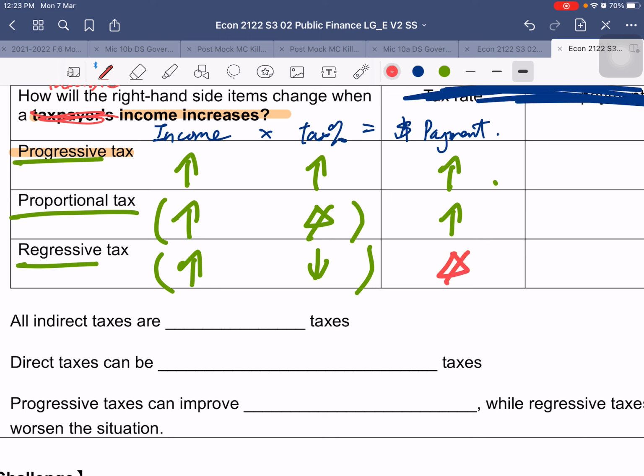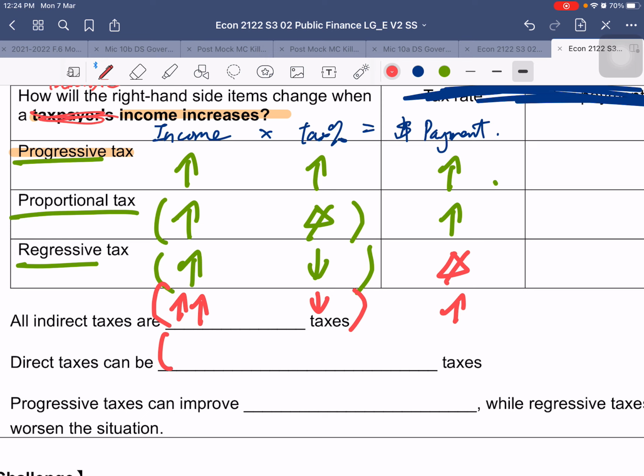However, we have to think about the percentage change of the increase in taxable income and the decrease in tax rates. If the increase in taxable income is larger than the change in the tax rate, what happens together? There will be an increase.